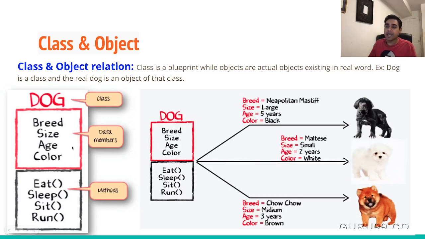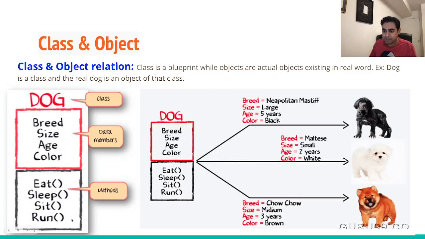So a dog class is a combination of some variables and methods. Here are some variables or properties that define the dog's behavior, like how the dog makes sound, what the dog's color is, or what the age would be. Those are the properties or state of a dog. And also some methods, which define the jobs the dog can do.